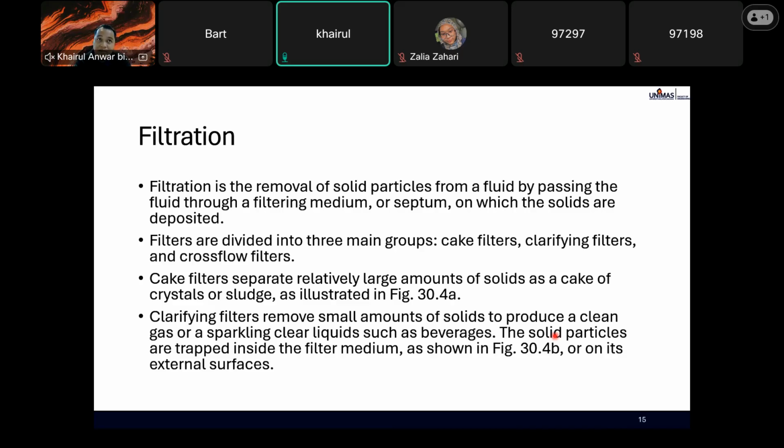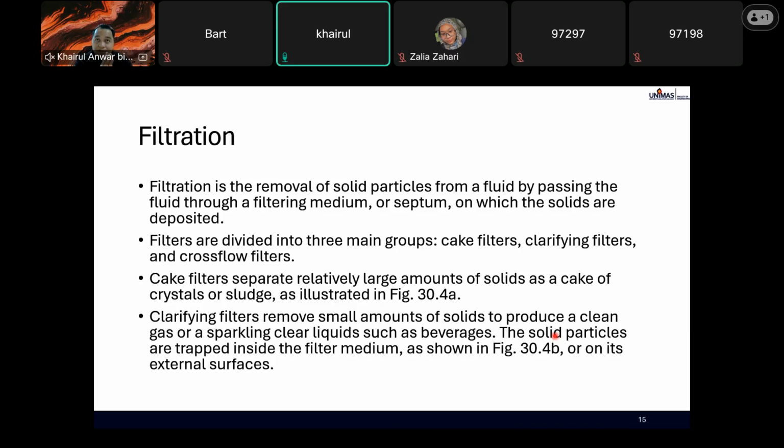But the drawback from this is the flux. The flux is the amount of water that can pass through the membrane or filter.